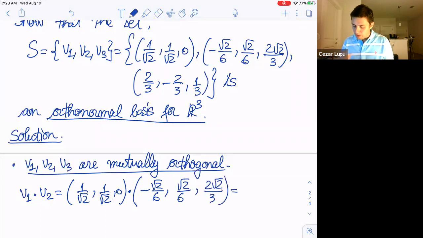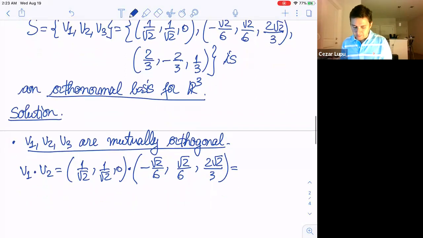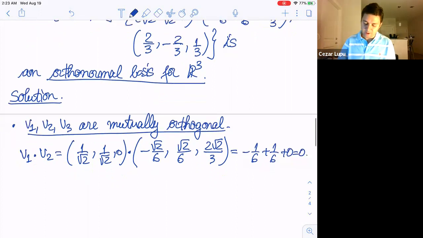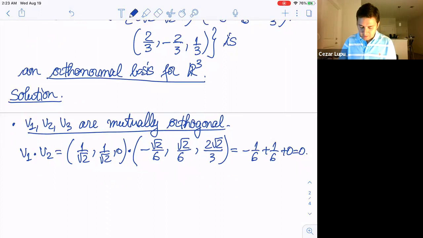Okay, and when we dot this, guess what we are going to obtain? This will be negative 1/6 plus 1/6 plus 0, and this will be 0. Okay, great. Now let's look at V2, V3.